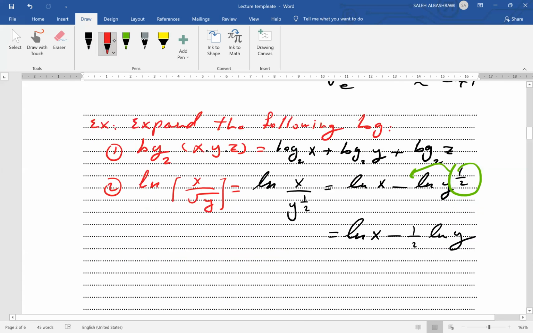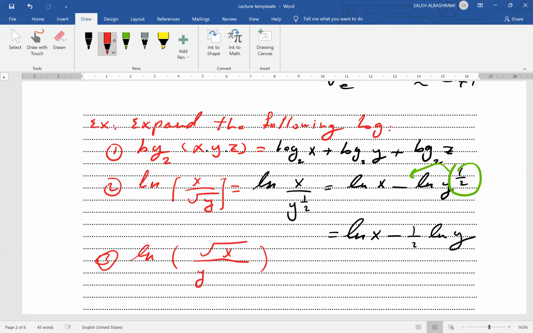One more, number 3. If I have ln of, say, the square root of x divided by, not x, y squared z to power 1, and we need to expand it.